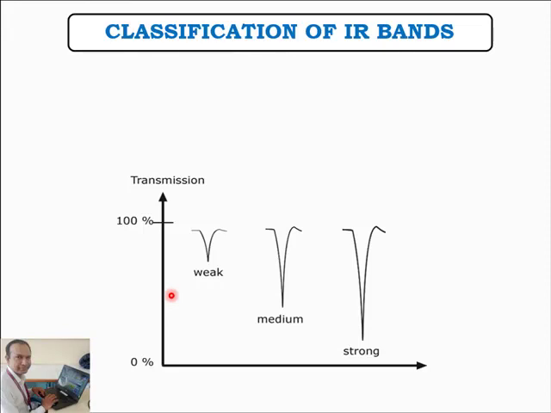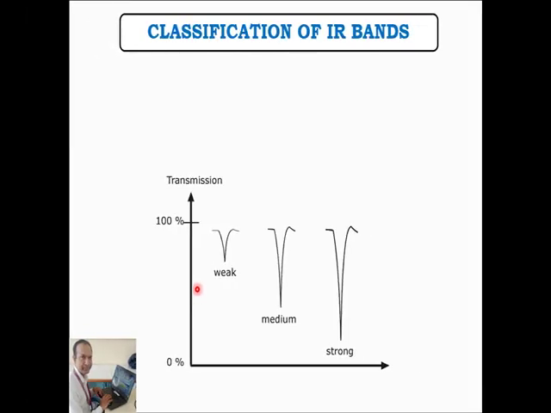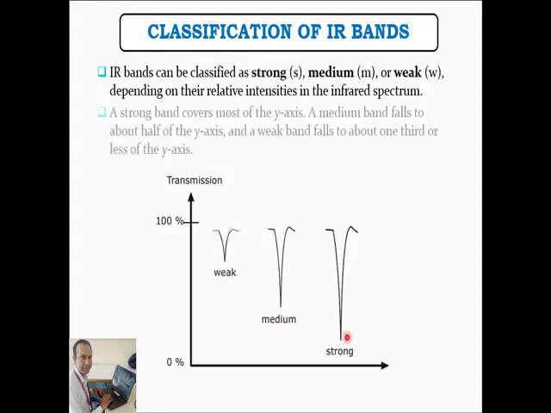So we can classify these peaks or bands, such as the smaller ones called weak bands, medium size bands, and the larger ones called strong bands, which are represented by the abbreviations S for strong, M for medium, and W for weak.